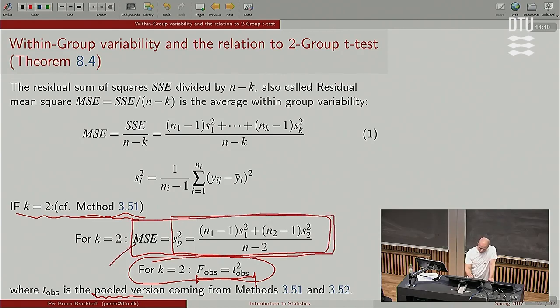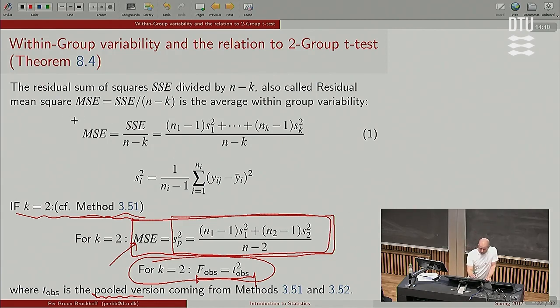What I call the mean squared error, or the sum of residuals squared, mean, average, whatever, is exactly the average within group variance, or actually formally the weighted average.